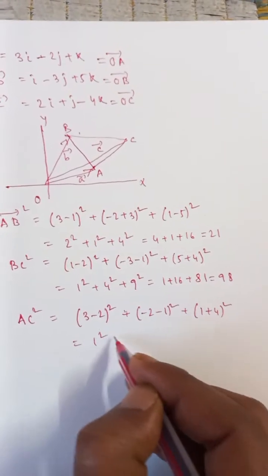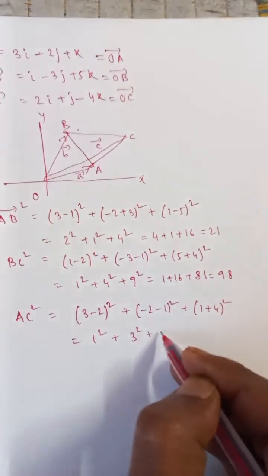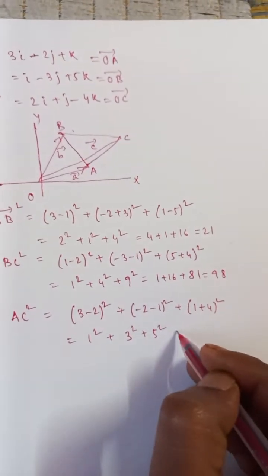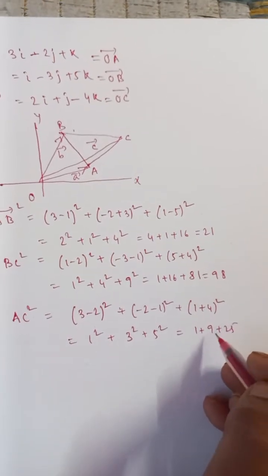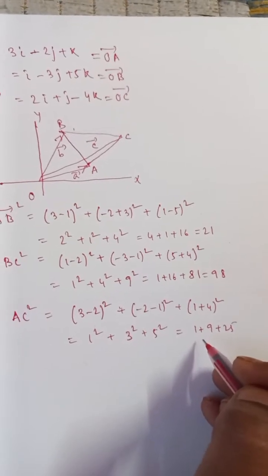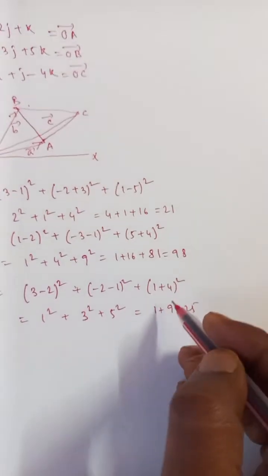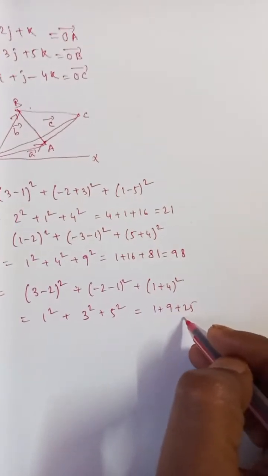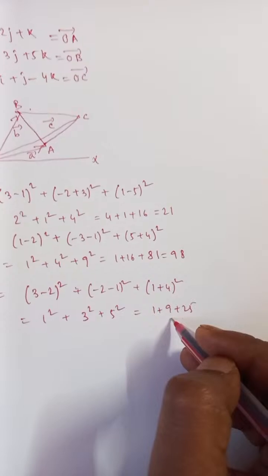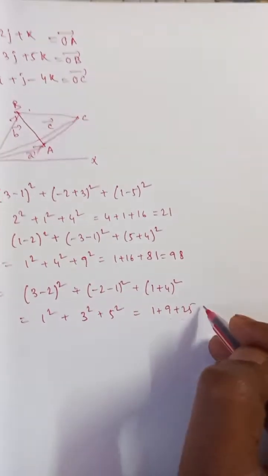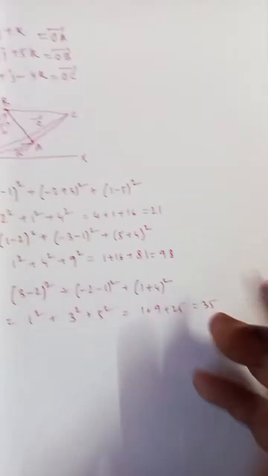This will be 1 square plus 3 whole square plus 5 whole square. This will be 1 plus 9 plus 25. So you can look at this.